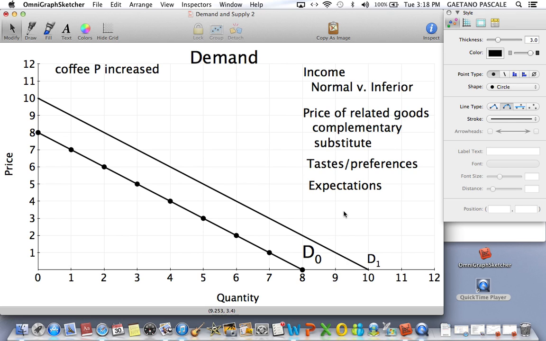And I knew quite a few people who didn't take vacations, who didn't go out to eat as frequently, etc. Their demand for vacations and their demand for restaurant meals decreased dramatically because they were uncertain about whether or not they were going to lose their job. So people adjusted their demands today because they were uncertain about what was going to happen in the future. So realize that if you expect things to become worse, the economy to move into a recession, that's going to impact people's demand for goods and services today.